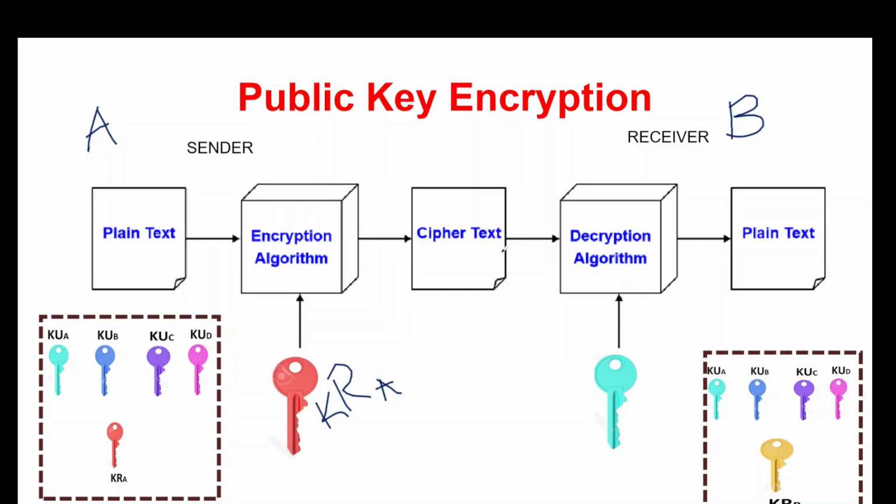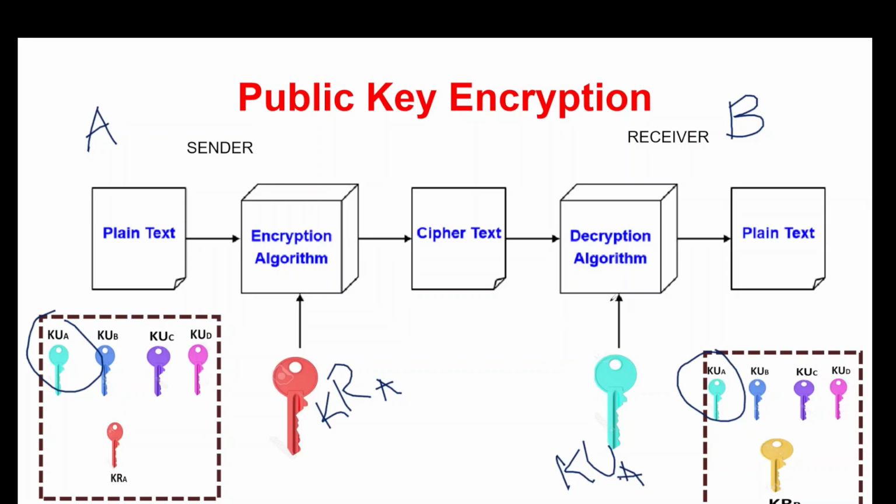It is a pair. One should be used for encryption, and vice versa, the other should be used for decryption. Here the private key is used in the encryption. So what key is used for decryption? Look at this, KUA, the public key of user A. The public key of user A is known to user B also. So B uses the public key of user A to decrypt the message.